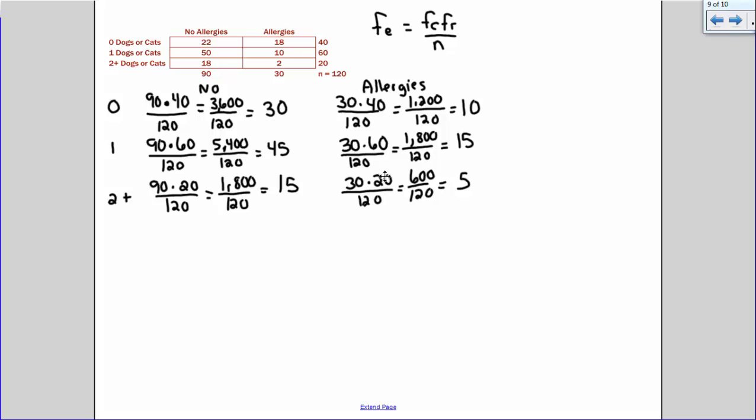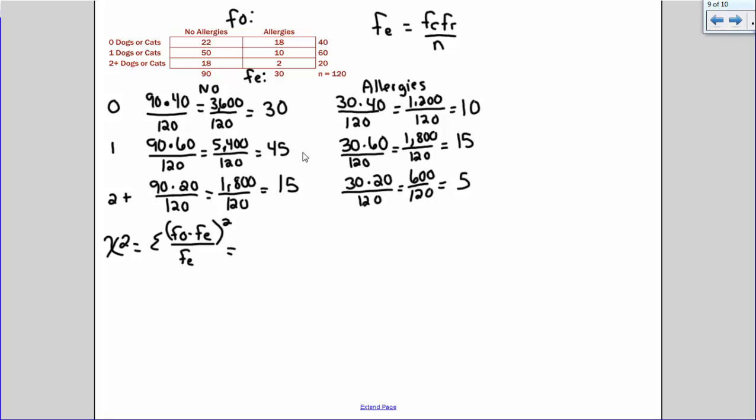Okay, so now we're ready to compute our chi-square statistic using our expected and observed frequencies. So our chi-square statistic is equal to the sum of each observed frequency minus each expected frequency for each group squared divided by the expected frequency. I'm going to kind of fly through these because I'm expecting that you've already done this on your own.